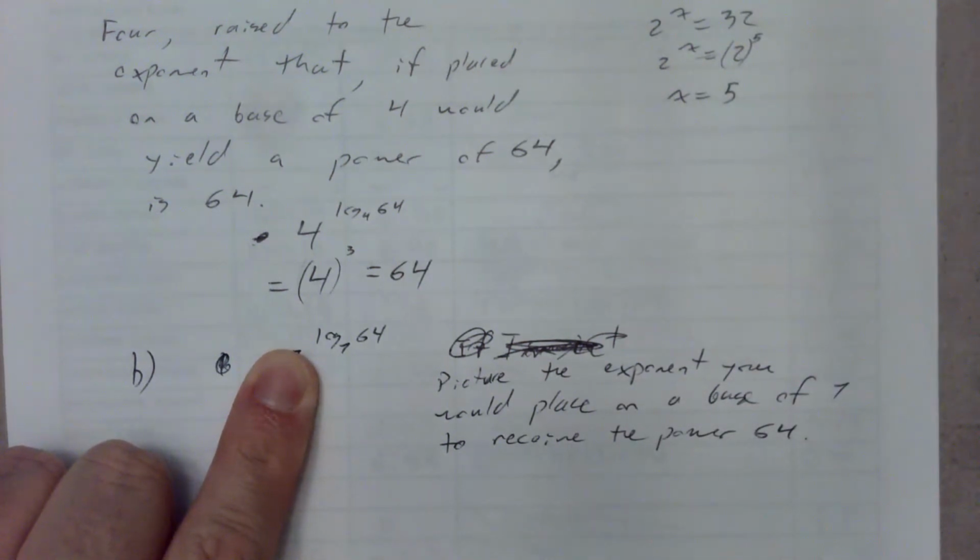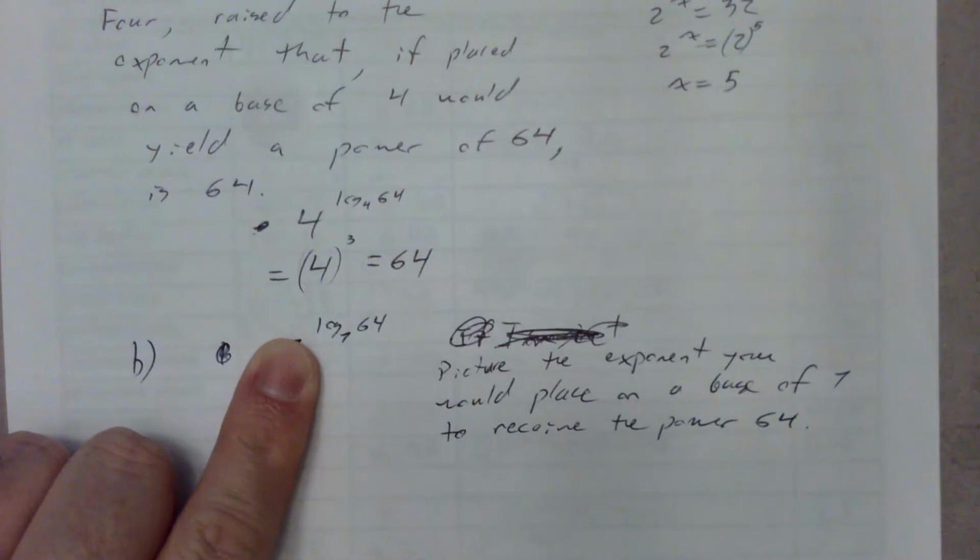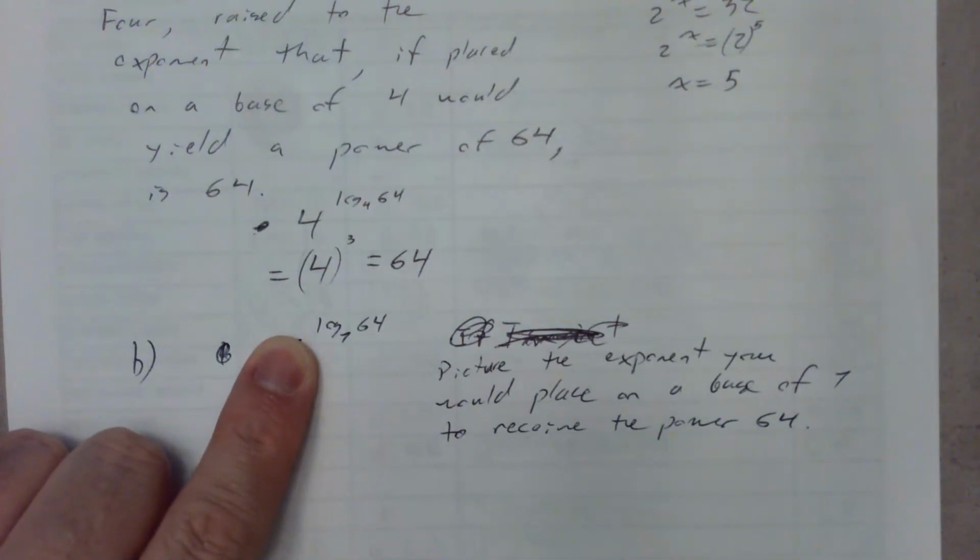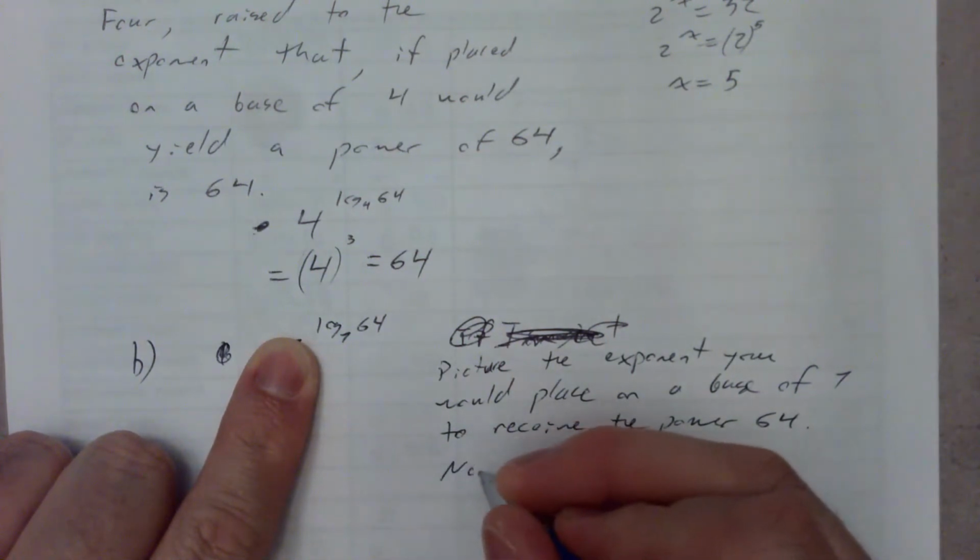Okay? Make sure you're using keywords when you're doing this. You don't want to say the number that you put on the number 7 to get the number 64. You also want to avoid the word answer, because there's many different answers to many different questions here. Picture the exponent you would place on a base of 7 to receive the power 64.